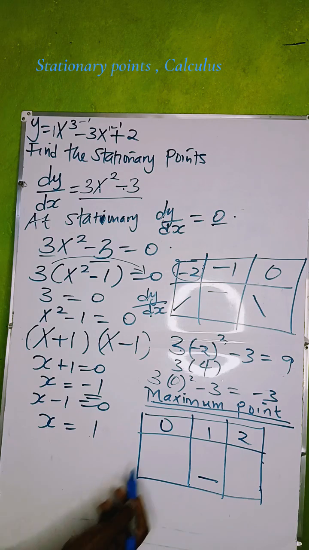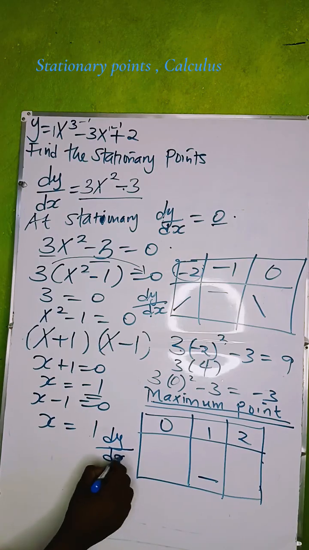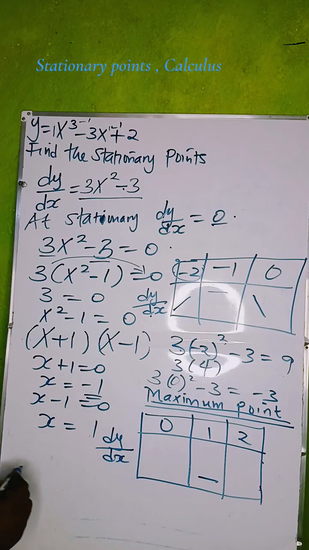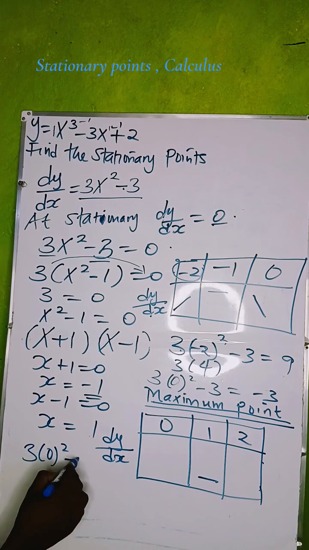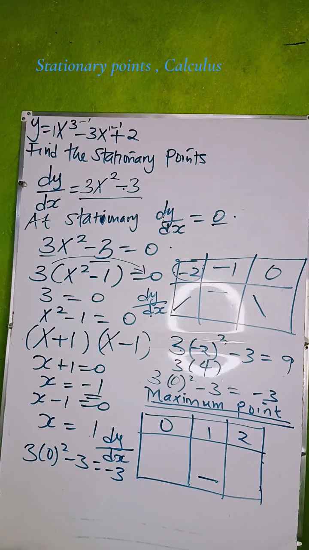So when x is 0, what is our dy over dx? You can go to the derivative and replace it with 0. So you'll have 3 times 0 squared minus 3. And this gives you negative 3, which is negative.